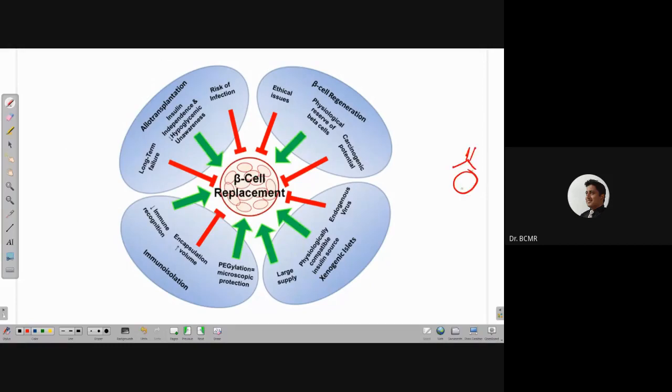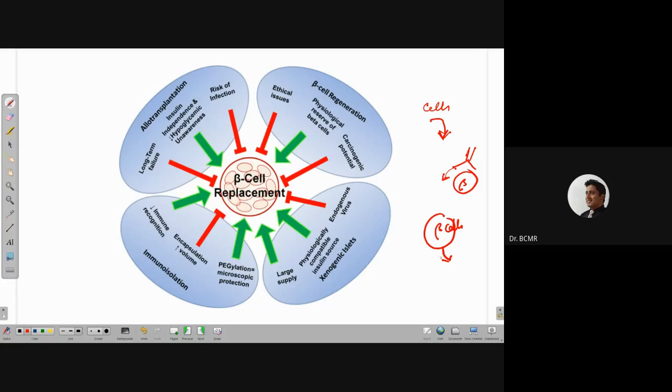Even if you differentiate new beta cells and put them in, they will also be attacked. That is one of the problems. And if you take cells from somebody else and put them into one patient, there is immunorejection. And we don't know, if we put in cells like beta cells, how long they would survive. So there are multiple questions.